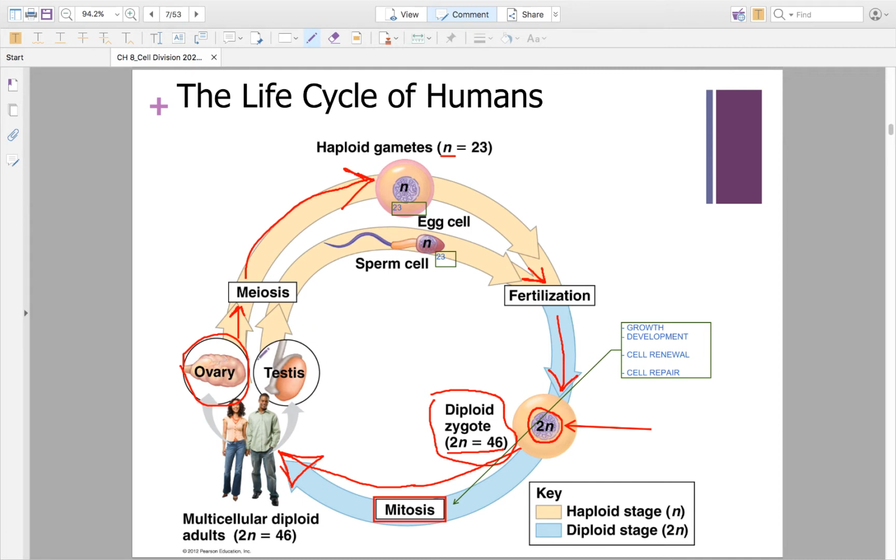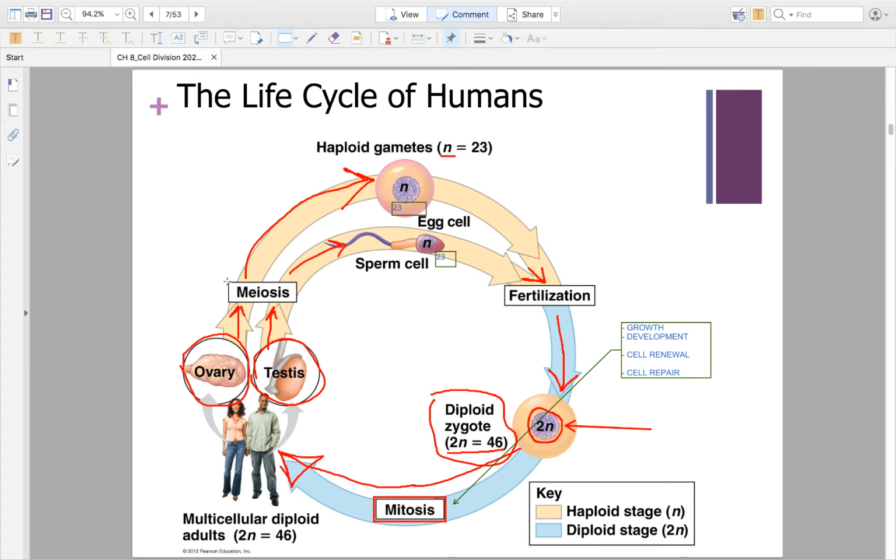In the male body, the production of the haploid gamete sex cells occurs in the testes, of course, and that is the purpose of meiosis.